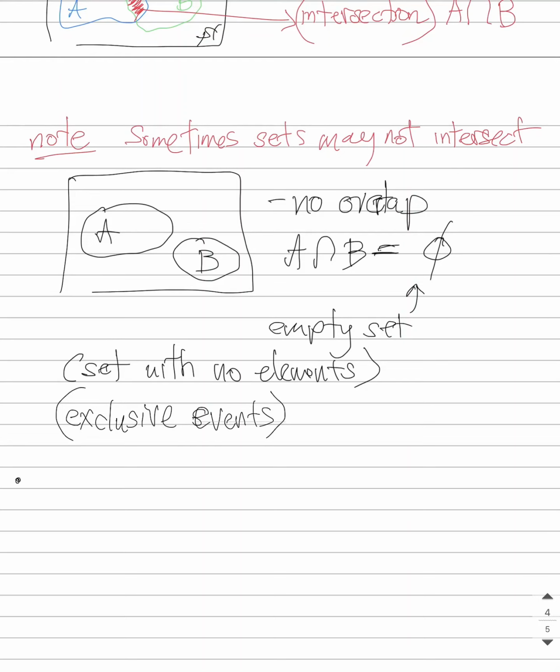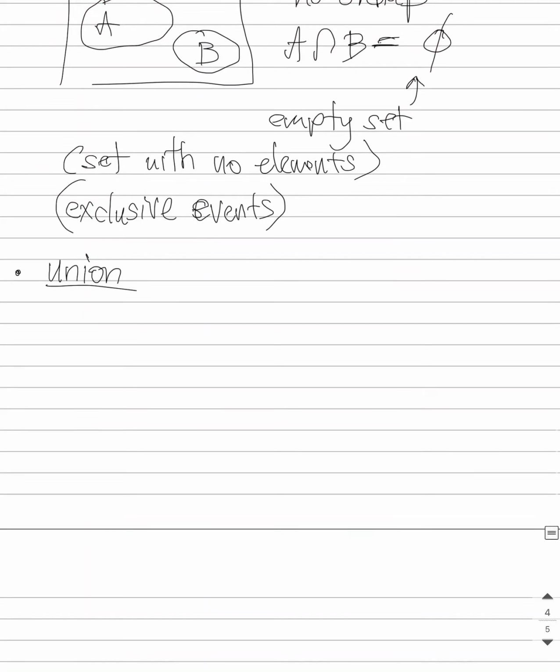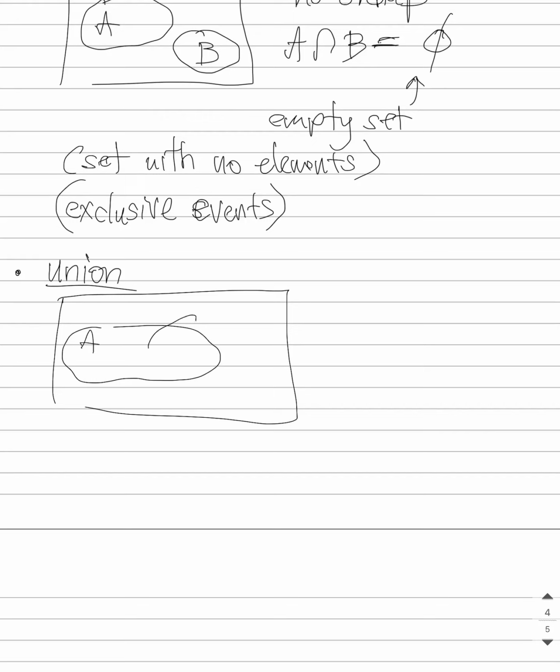Another kind of combination that we're going to talk about is what's called a union of two sets. Now, a union of two sets is where you take A and B and you unite them or you join them.